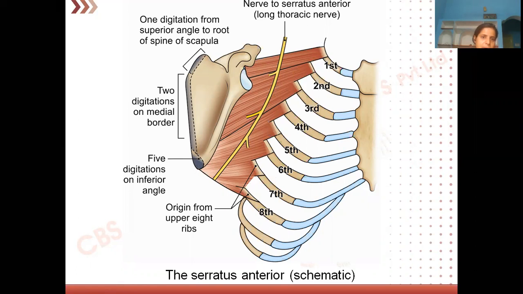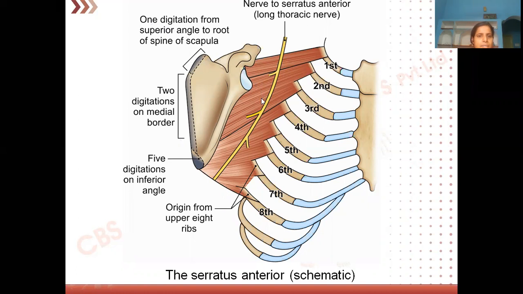It is getting inserted on the medial border of the scapula, because I told you, wherever you are finding the glenoid cavity, that is the lateral end. So this is medial. Okay, so the first digitation is getting inserted from the superior angle to the root of the spine. This is the first digitation which comes here.